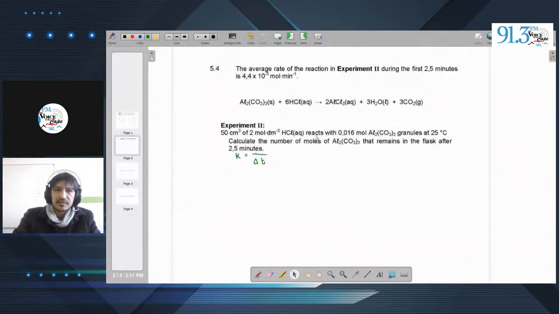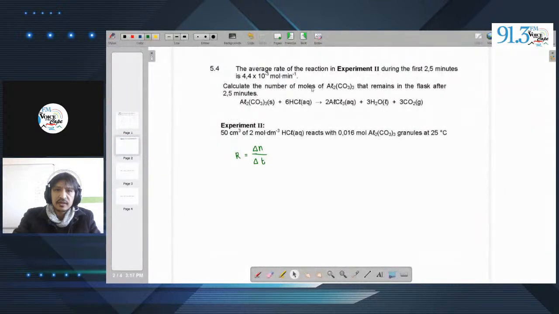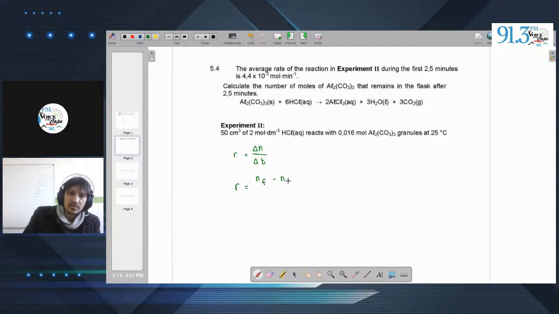So if we look at this equation, that means r, oh, sorry, lowercase r, not capital R, for rate. That means our rate is essentially equal to the final number of moles subtracted from the initial number of moles over a change in time, which is t final minus t initial.